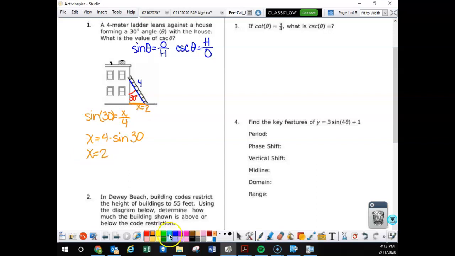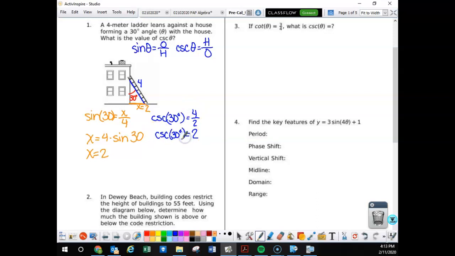And then cosecant theta is hypotenuse over opposite. So cosecant of 30 degrees is going to be the hypotenuse, which is 4, over the opposite, which is 2, and that is equal to 2. So that's one way to do this.